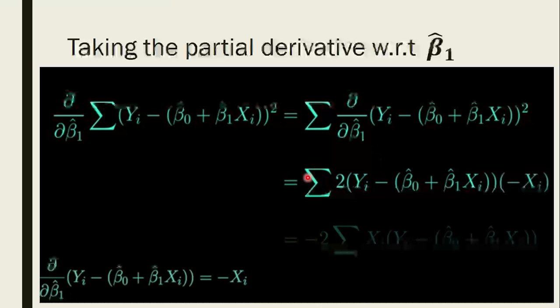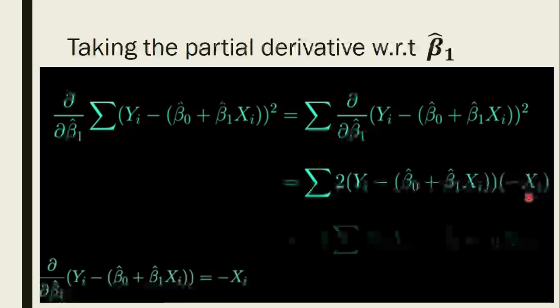Once again we multiply by the derivative of what is inside the brackets. yi and beta naught hat do not involve beta 1 hat, so those go to 0, and we are left with minus xi, so we need to multiply by that.